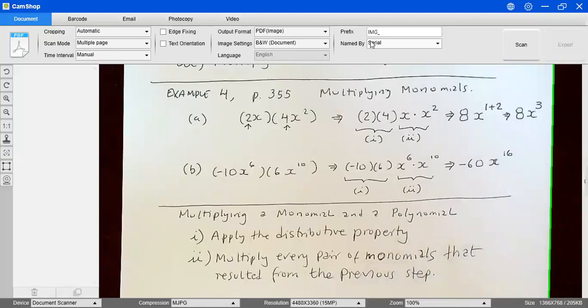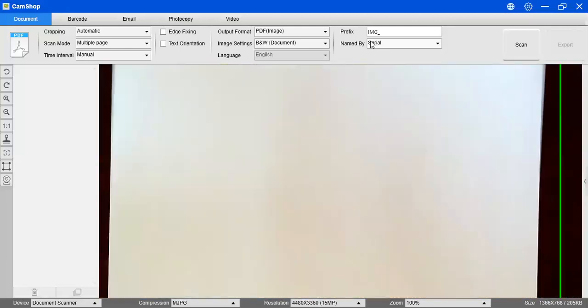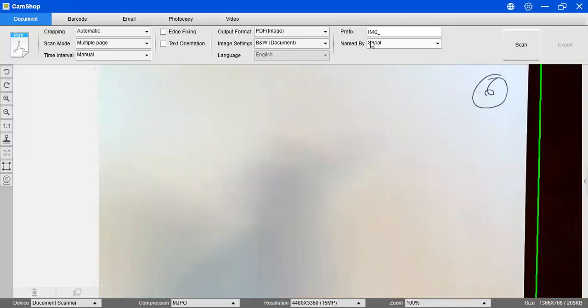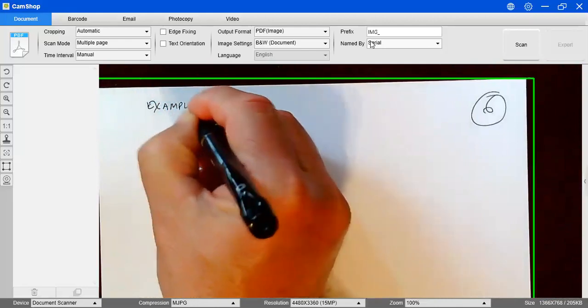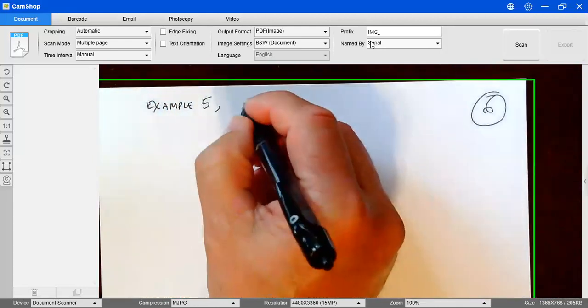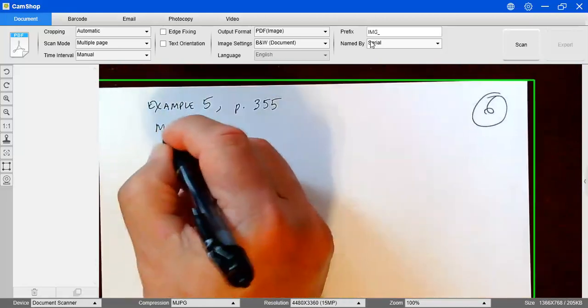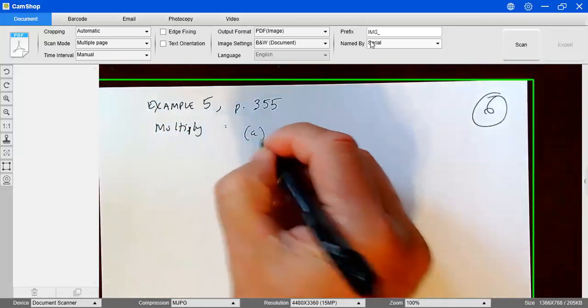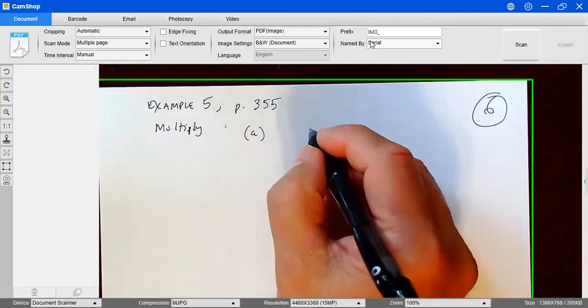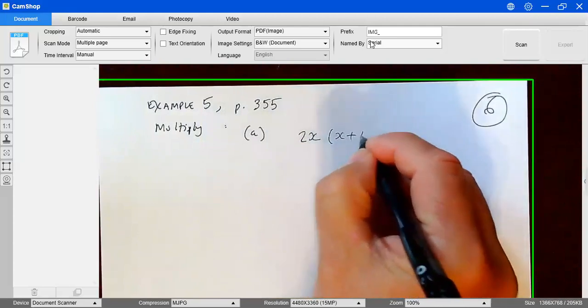So let's work one example. So we're going to work example 5. Let's do that in the next page. So we have example 5 on page 355. So we're going to multiply, in the first case, 2x and x plus 4.